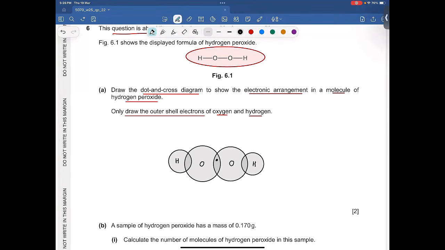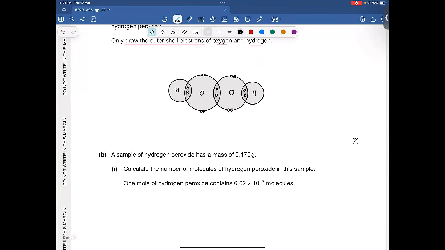So this is 1, 2, 3, 4, 5, 6. For this oxygen, 1, 2, 3, 4, 5, and this one is 6. Hydrogen electron is represented by a cross. So that is going to be your dot and cross diagram, okay?